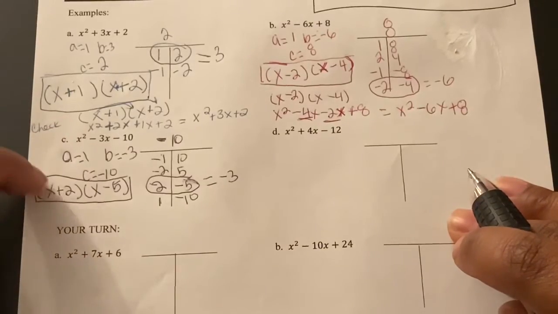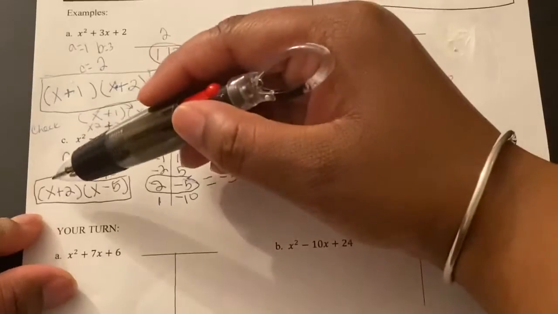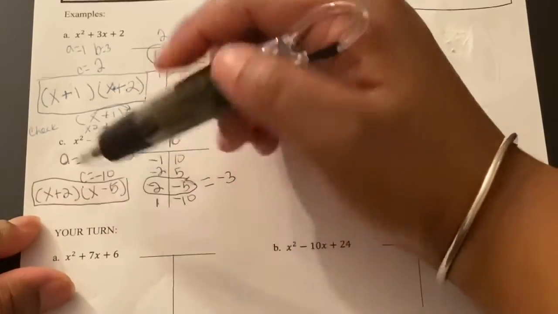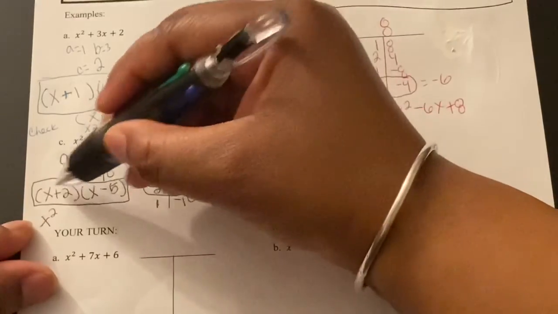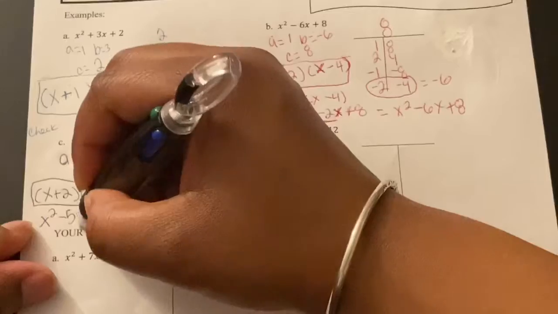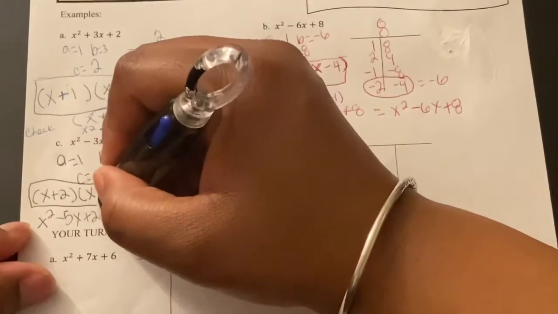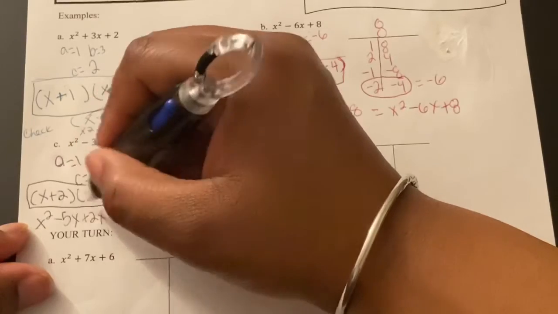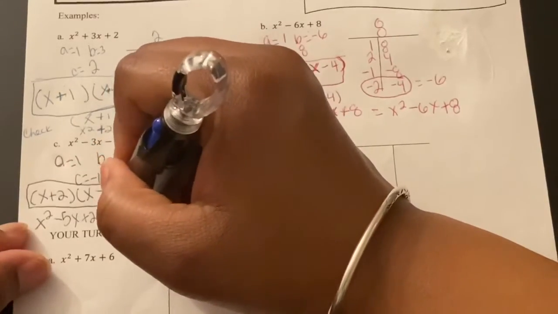Okay, I'm going to use this space right here because I don't have enough space, but using my FOIL method, first will be x squared. Outer will be x times negative 5, which would be negative 5x. Inner would be 2 times x, which would be positive 2x. And last would be positive 2 times negative 5, which is negative 10.